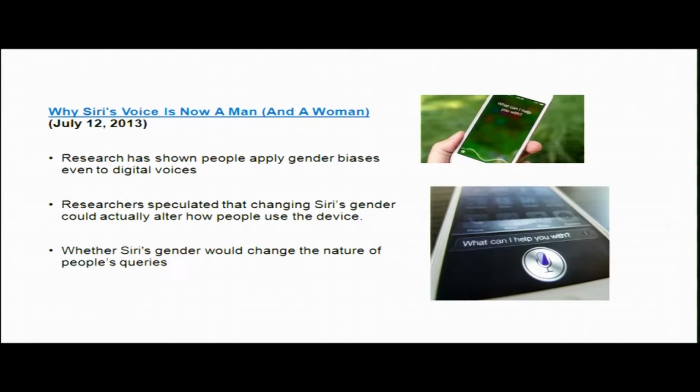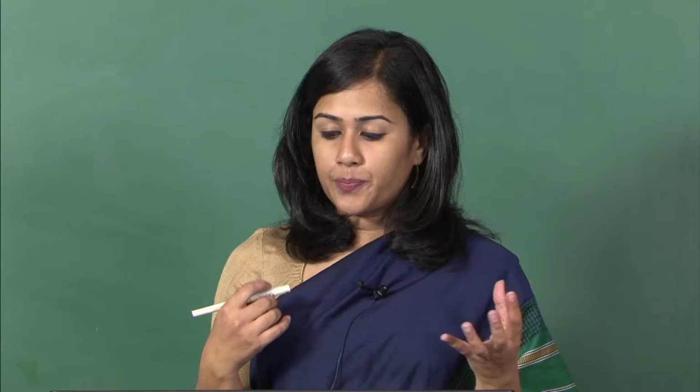The type of things that people look up on their phone and ask Siri to find is an ongoing part of research: how do people's behavioral patterns actually change with Siri's changing gender voice?